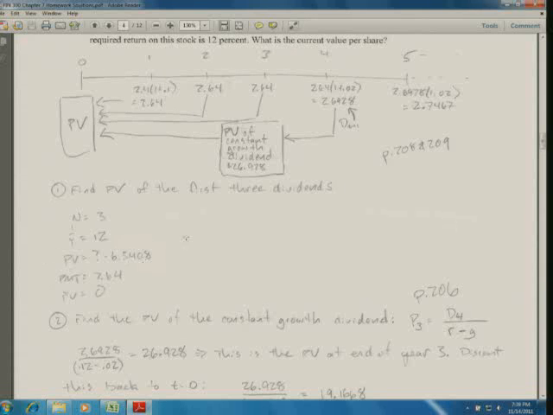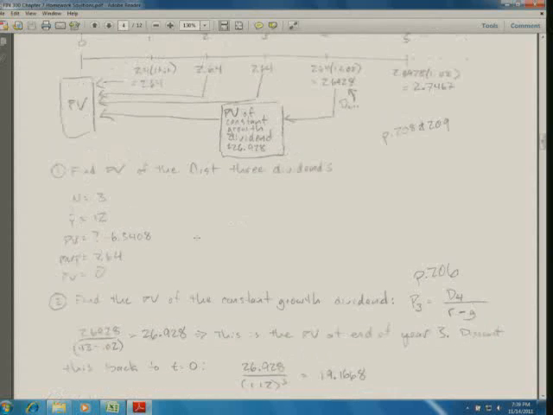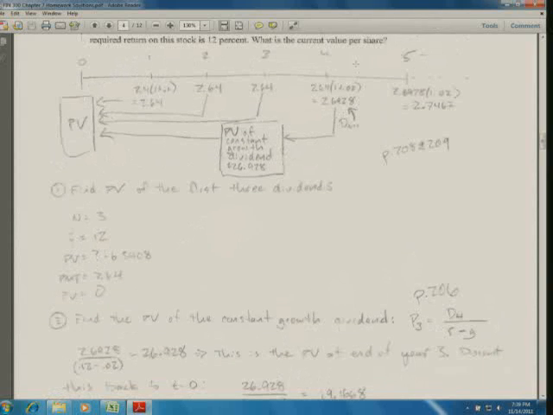Okay, we'll either write that down or store it in the calculator somewhere and set it aside. Now what we want to do is apply a formula here to the dividend we expect to receive at the end of year 4. We're going to find the present value of this constant growth dividend. But similar to the present value of a perpetuity, when we apply this formula, it's going to give us the present value of all those future dividends just 1 period back.